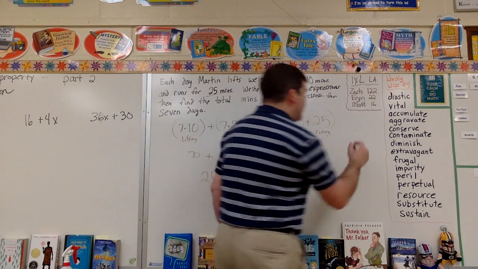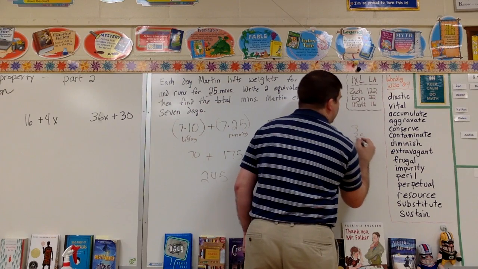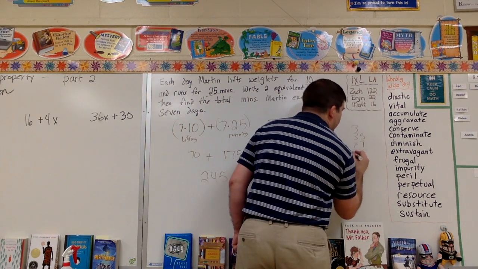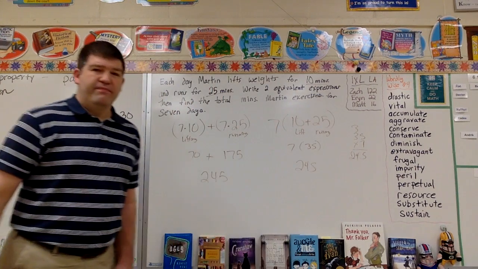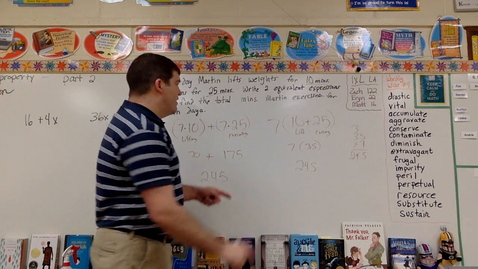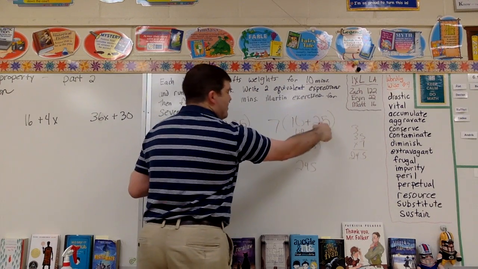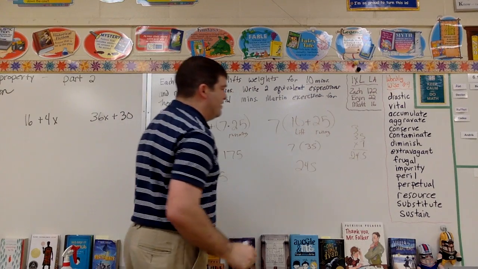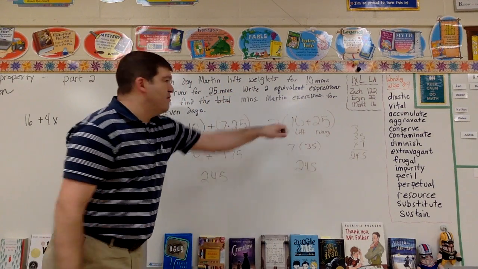And when I do 35 times 7, that equals 245. Or I could have distributed, saying 7 times 10 is 70, 7 times 25 is 175, add them together. All right, so I solved this problem using distributive property.